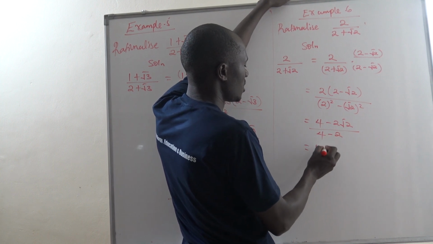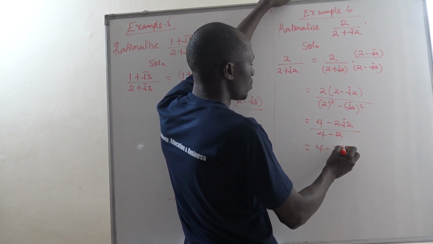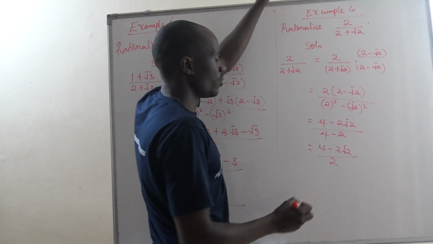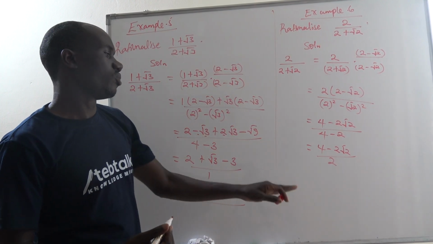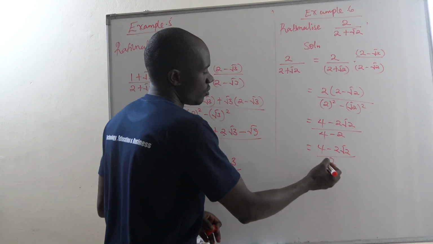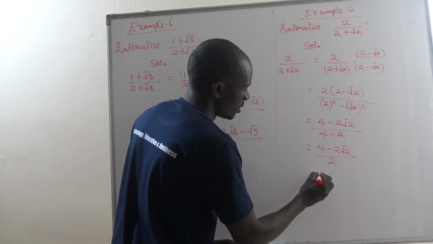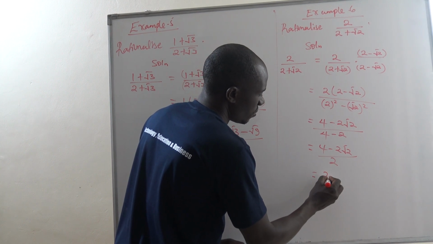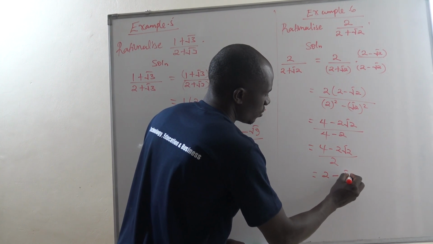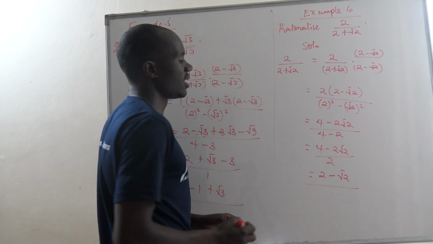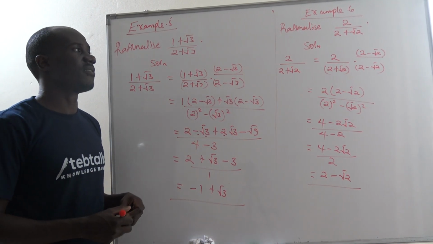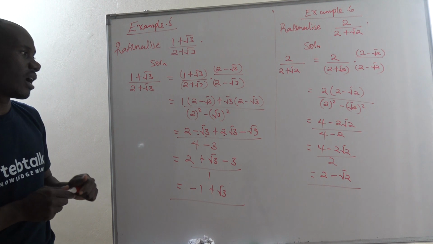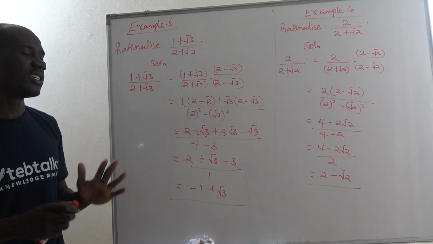This is the same as (4 minus 2 root 2) all over 2. And when you reach here, 2 divides every number. 2 goes there and also goes there. What do we remain with? We remain with 2 minus root 2, because 2 is dividing everything.